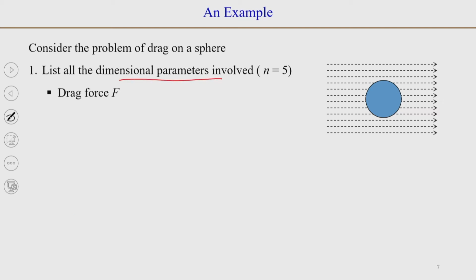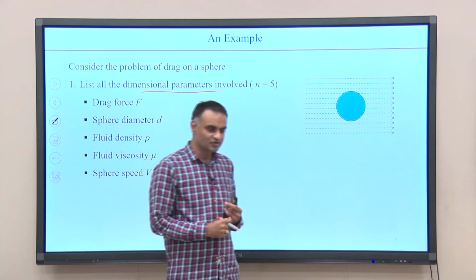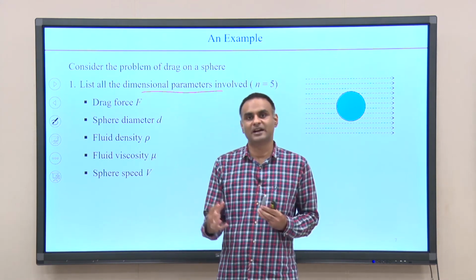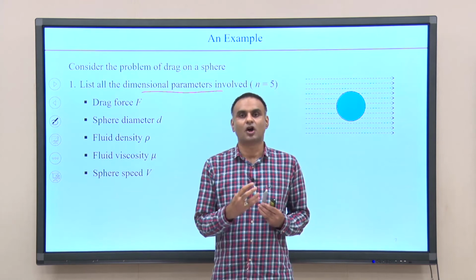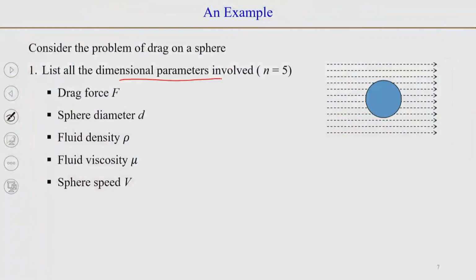Here we have listed drag force, sphere diameter, fluid density, fluid viscosity and sphere speed. In all such problems we look at one dependent variable, which depends on other physical parameters. In this case our dependent variable is the drag force on the sphere.